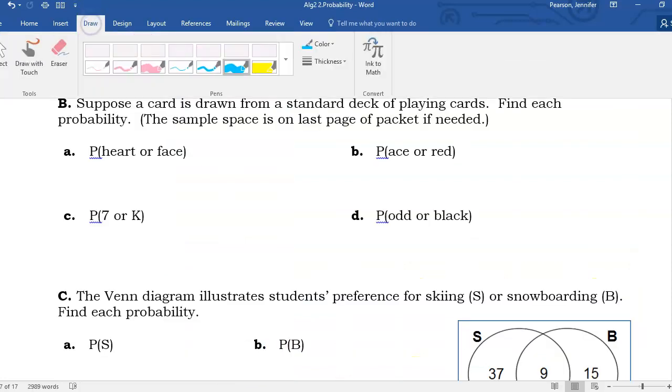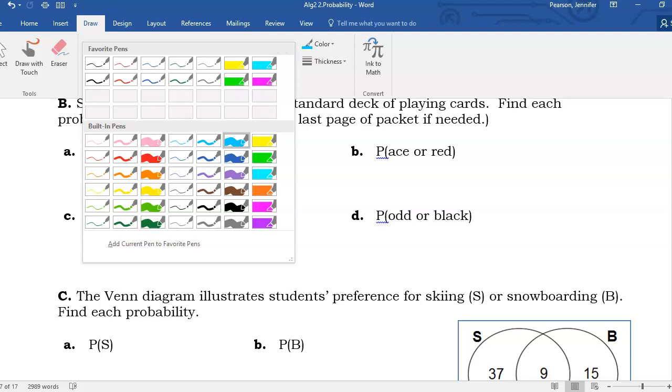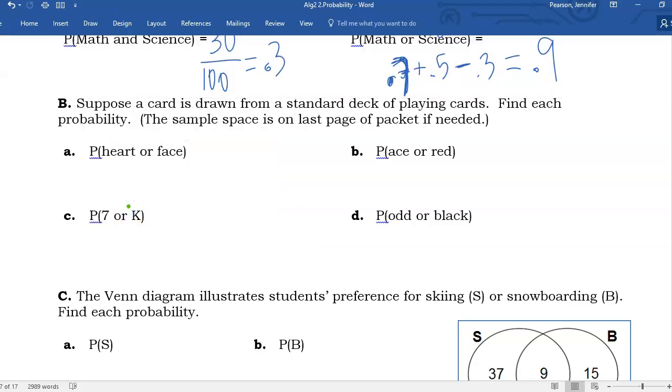So back here, hearts. That is 13 out of 52. Faces. That is 12 out of 52. Overlap. That is 3 out of 52. I'm purposely keeping these unreduced because with fractions, it's much easier to have a common denominator, because I can go straight across the top and keep the denominator the same.